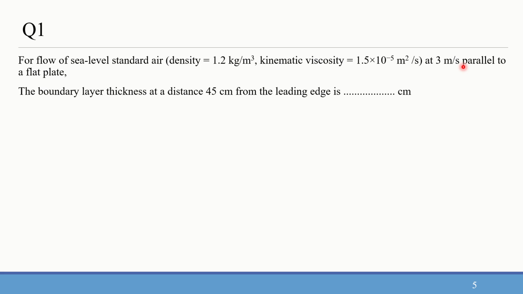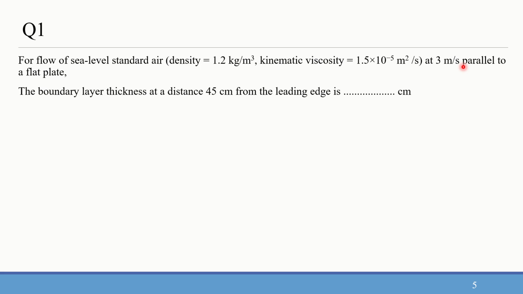I repeat the question. For flow of sea level standard air, its density is 1.2 kg per meter cube, kinematic viscosity is 1.5 into 10 power minus 5 meter square per second, and viscosity is 1.8 into 10 power minus 5 kg per meter second.